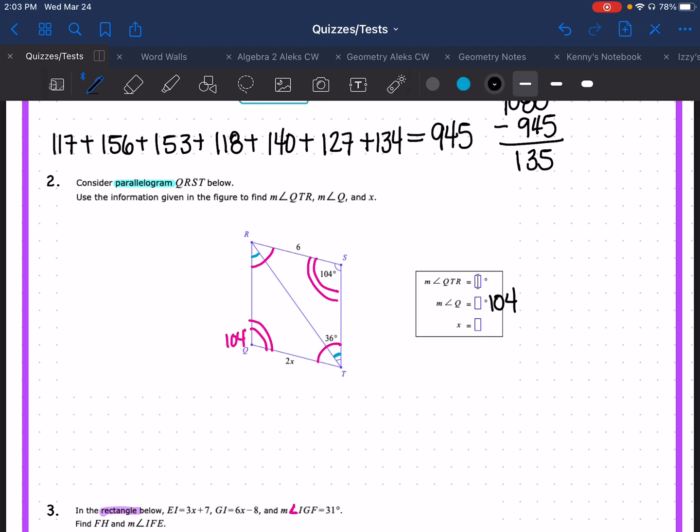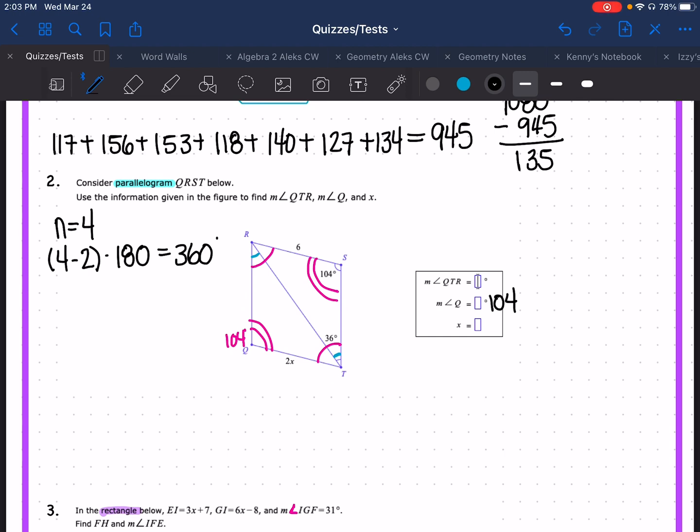I know what I'm going to do. I'm going to say my number of sides in my parallelogram is 4, and I'm going to use that same formula from the first one to figure out what the 4 angles add up to. Now this is true for any 4-sided shape, any quadrilateral, so parallelograms, rectangles, rhombuses, squares, trapezoids, kites.